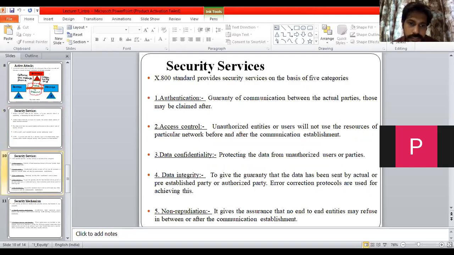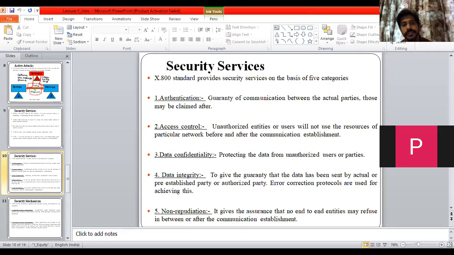I'm just mentioning 5 major security services. Once anyone is trying to design any secure communication model, then at least these 5 security services must be there.